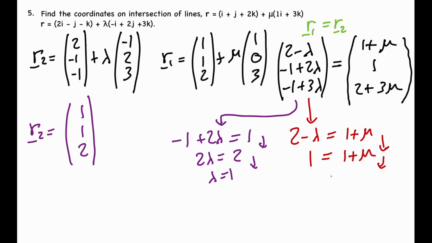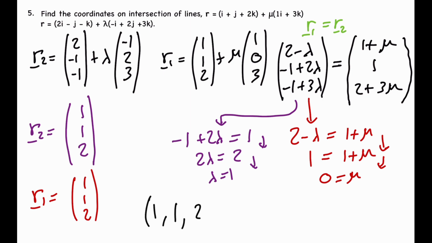If we rearrange, take away 1 both sides, we get 0 is equal to mu. And now if we substitute 0 into this side, we get r1 equal to (1, 1, 2), which is the same as r2. So therefore they both intersect at (1, 1, 2), the point of intersection.